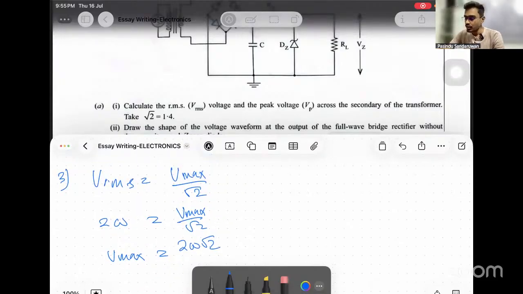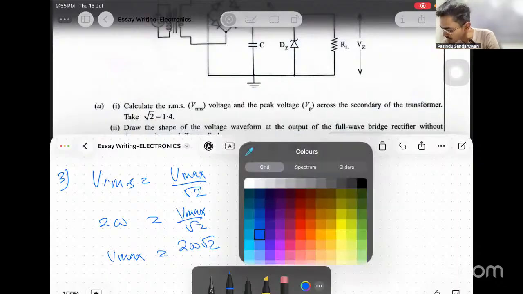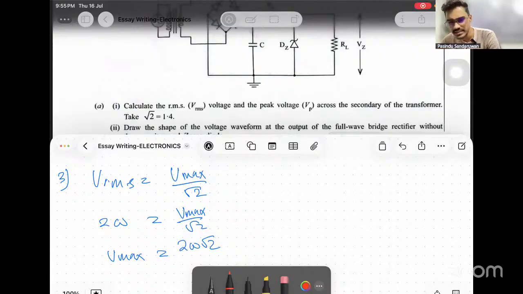Now, using the transformer equation, you can find the output voltage V2 of the secondary coil. The equation of a transformer is V1 over V2 equals N1 over N2.